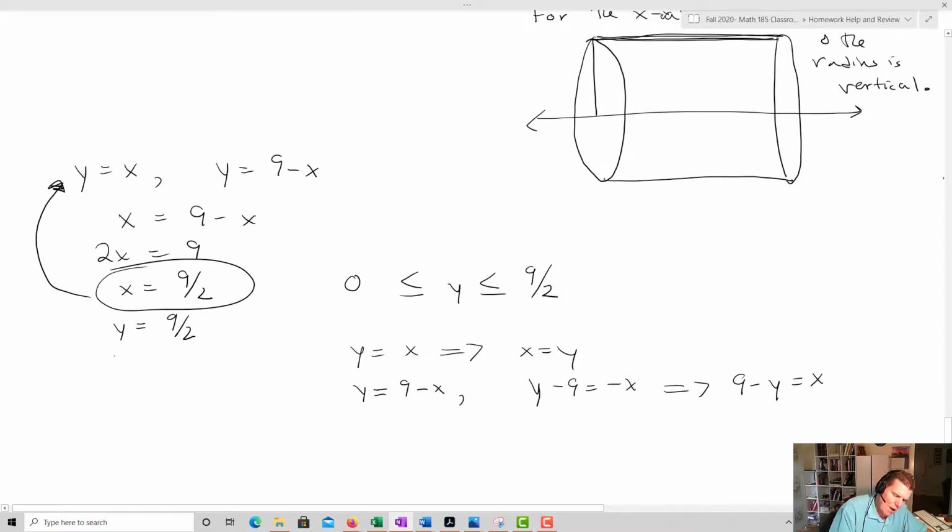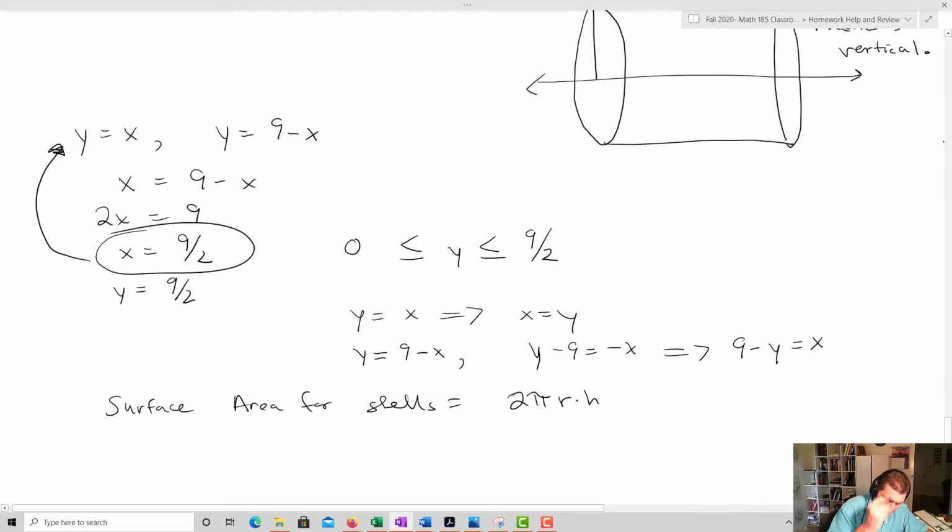Now I just go in and use my volume for the shells. That's why we've been talking about the radius and the height, because what we're looking at here is the surface area for shells, which equals 2 pi r times h. We already said that our radius is going to be y in these terms.